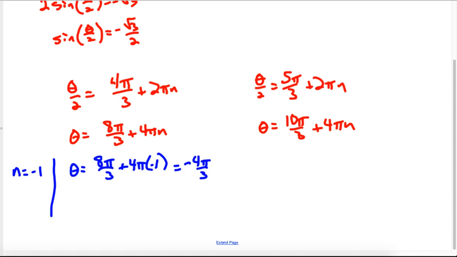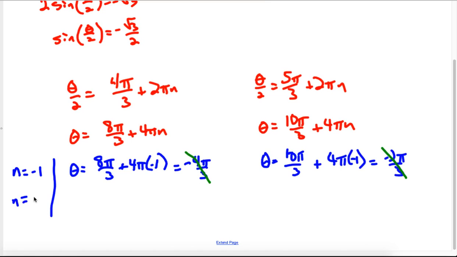Well, any negative angle is not going to be in between 0 and 2 pi, so that can't be an answer. Let's come over here. 10 pi over 3 plus 4 pi times negative 1 will be 10 pi over 3 minus 12 pi over 3, negative 2 pi over 3. Again, that cannot be in between 0 and 2 pi.